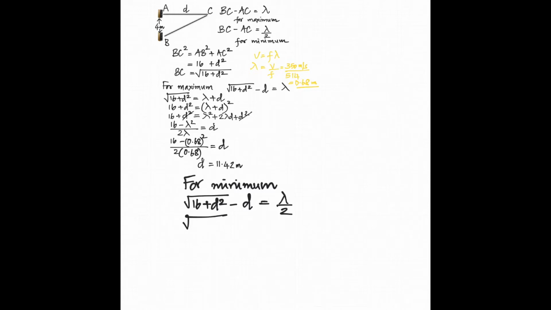So for minimum, you set the path difference equal to lambda by 2 and do the same steps as before, trying to separate D from the equation. Again, this term is to be whole squared, so you'll have 3 terms on the right side. First one is lambda squared by 4 because you have to square both, plus lambda D because the 2 cancels out, plus D squared.